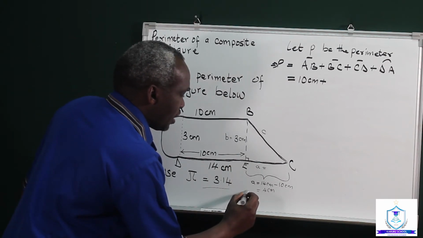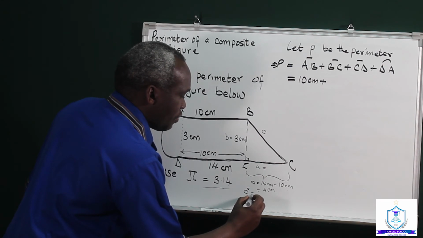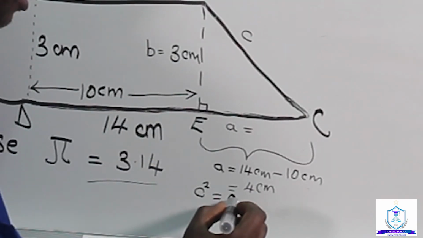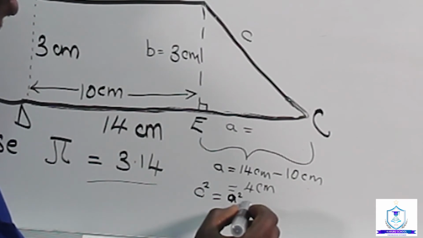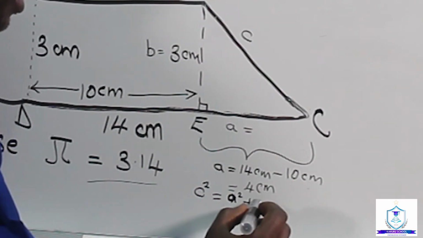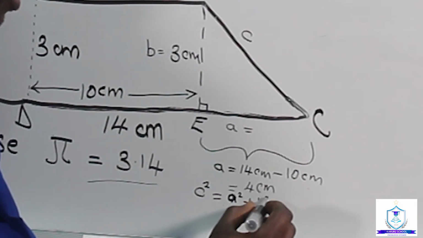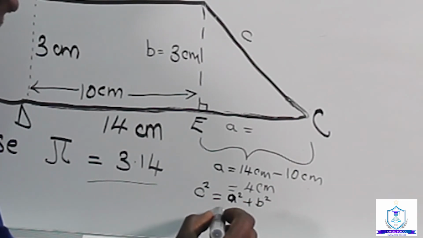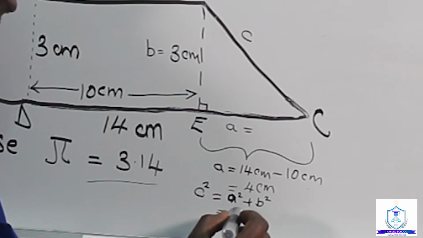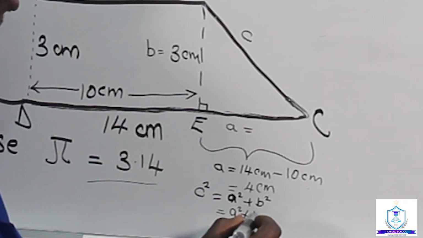So from the Pythagoras theorem, C squared would be equal to the adjacent squared plus the perpendicular height squared, which gives us A squared plus B squared.